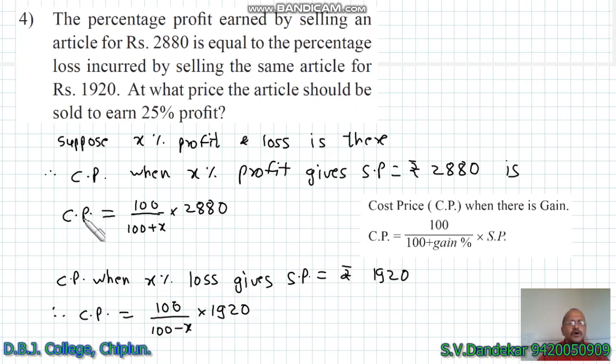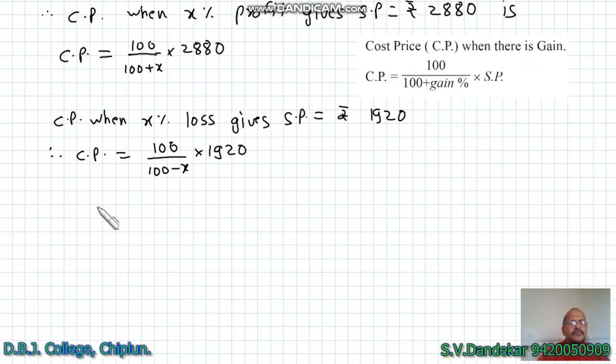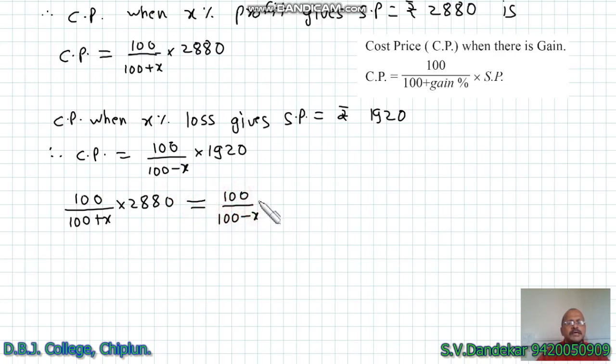Now both these cost prices are same, and therefore I am going to compare these two. 100 upon 100 plus X into 2880 is equal to 100 upon 100 minus X into 1920. 10 cancels out, 100 cancels out, and therefore 288 into 100 minus X is equal to 192 into 100 plus X.